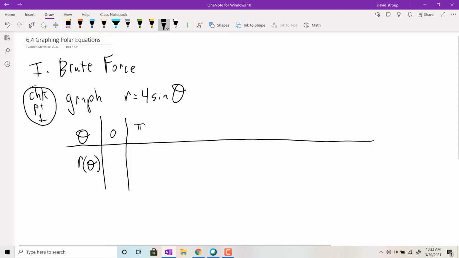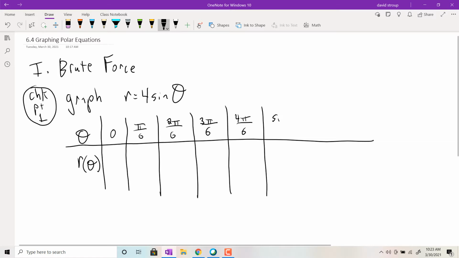You can pick smaller increments, but you have to worry about whether you can evaluate those without a calculator. Usually you want to pick something you can evaluate. So 2 pi over 6, 3 pi over 6, all the way up to pi: 4 pi over 6, 5 pi over 6, and then 6 pi over 6.